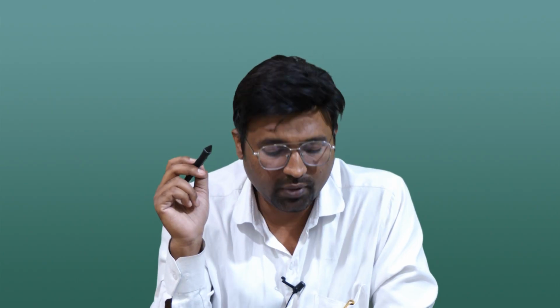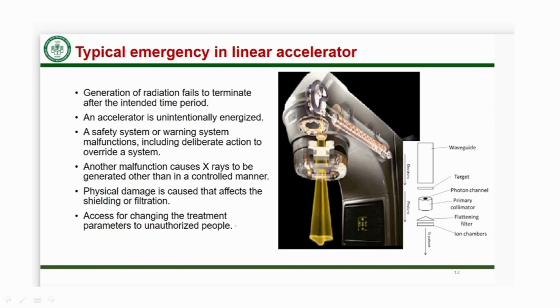In such a case, you have to immediately press the emergency stop button. An accelerator being unintentionally energized is also an emergency. Another is a safety system or warning system malfunction, including deliberate action to override a system. What happens if the movement of the couch keeps on rising, either vertical, horizontal or lateral, and is out of your control?